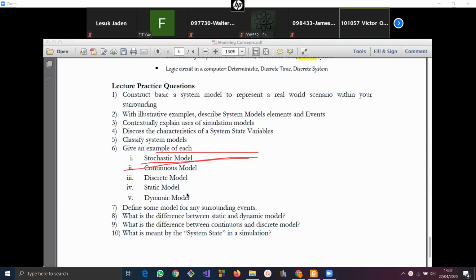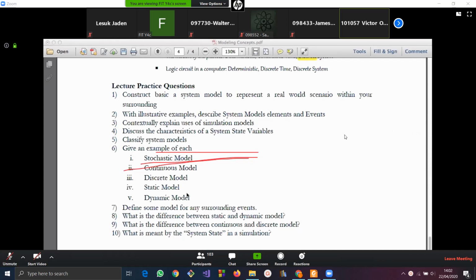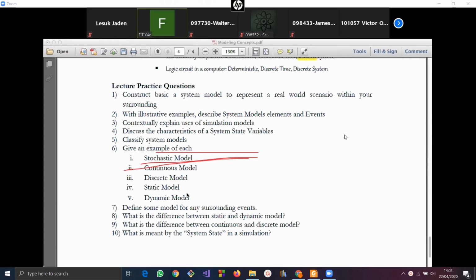Can you hear me? Yes, Victor. Oh, okay. So for stochastic models, we found one financial service model called Monte Carlo simulation. It's a simulation for financial services. For continuous models, we centered on a commercial flight simulator.